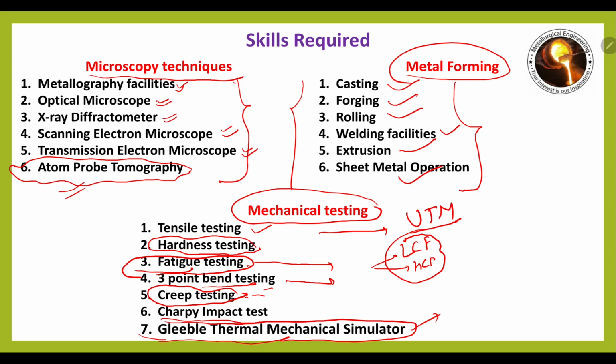By changing the strain rate and the temperature, we can determine the properties of any material at higher temperature and higher strain rate, and we can design the processing maps of any material, in which region we need to deform it. So the main thing is that we need to know the basic fundamentals of these testing equipments and concepts.